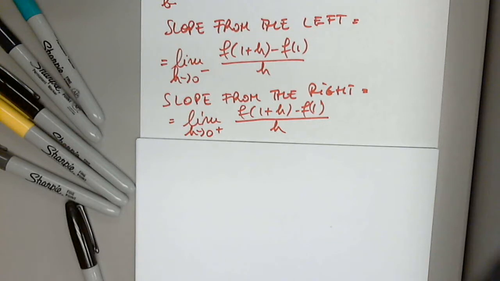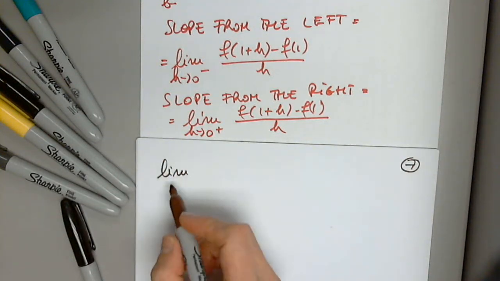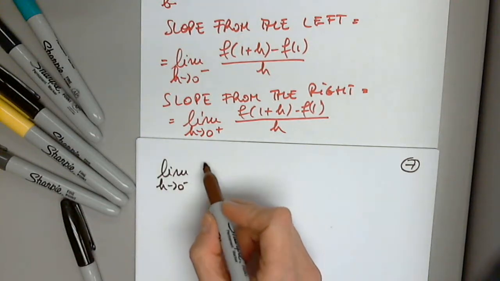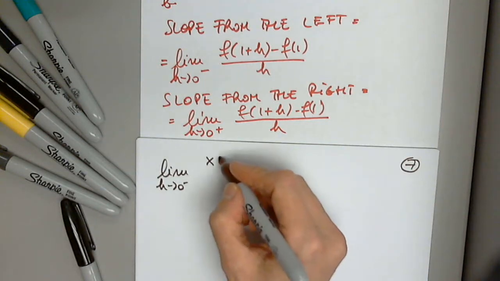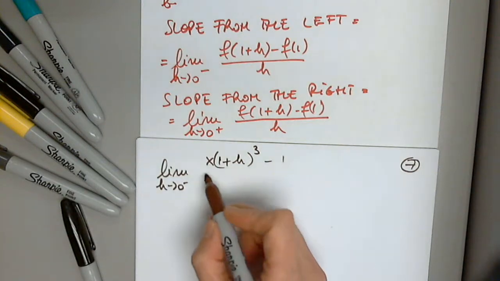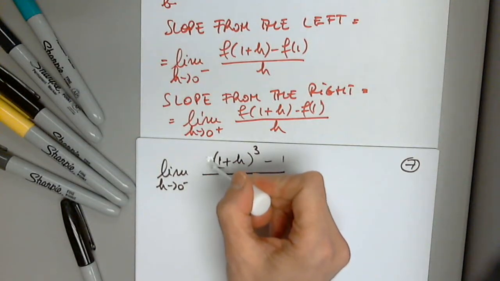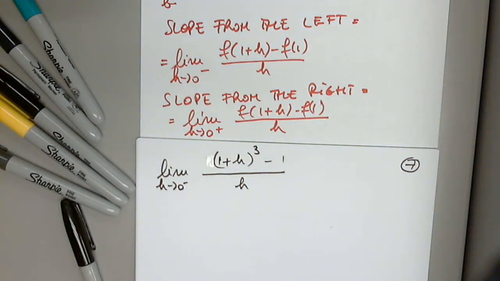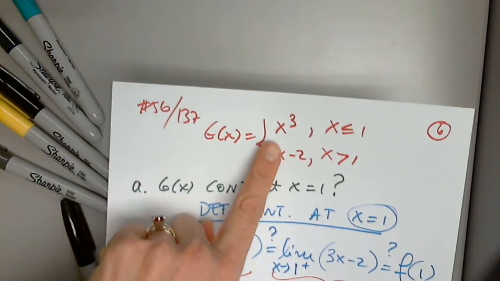Now the first one is not that friendly. So limit as h approaches 0 from the left of 1 plus h to the third minus 1, over h. I didn't mean to write x, I meant to write 1 plus h. Are you with me? Any questions, please stop me. The function from the left is x cubed.